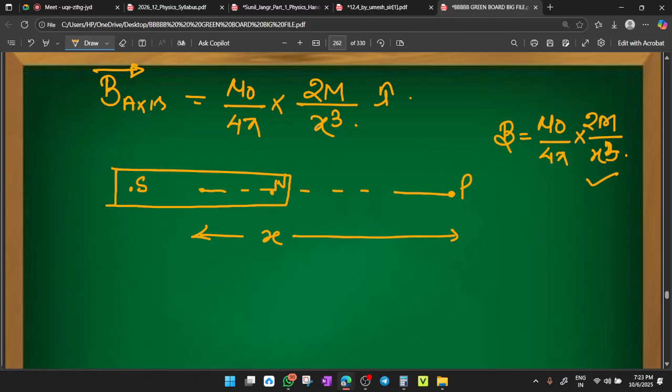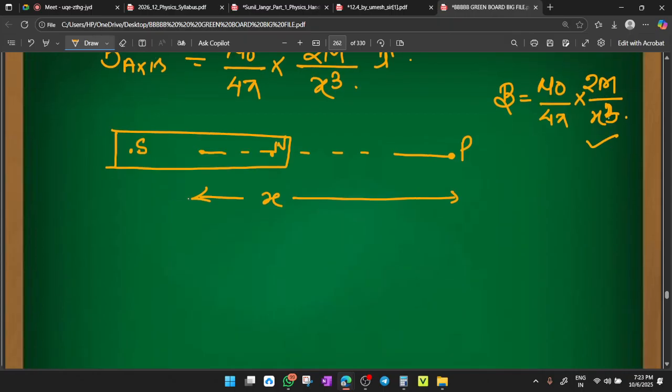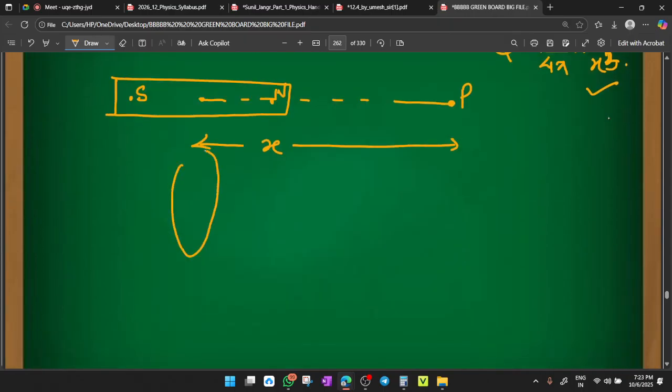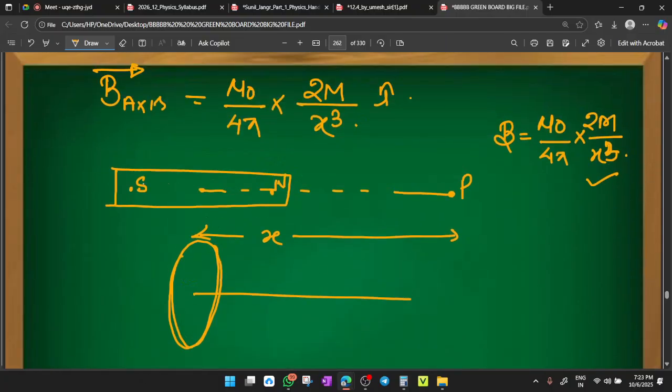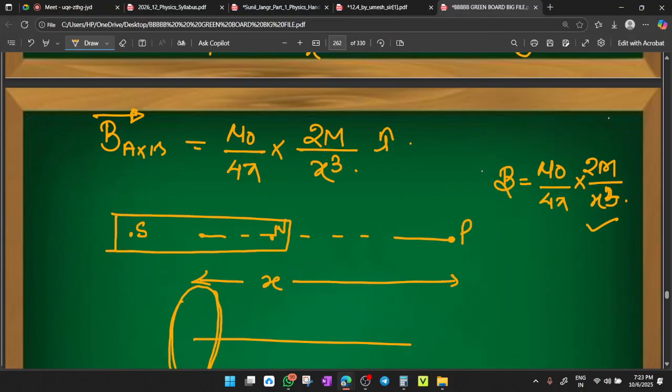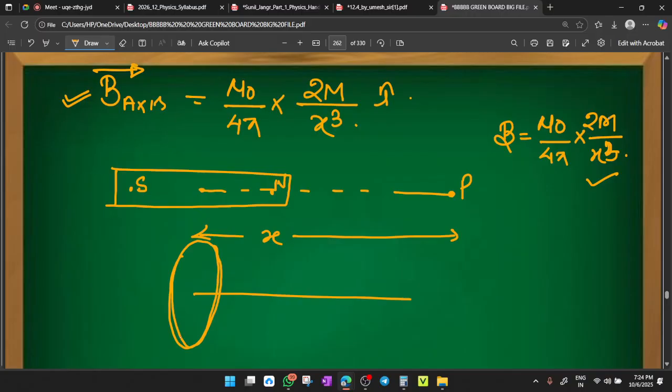Understood? This means a magnetic loop, a circular coil, for a distant point, behaves like a bar magnet. Yes or no? You have the same axial magnetic field for both configurations, a bar magnet and a circular coil.